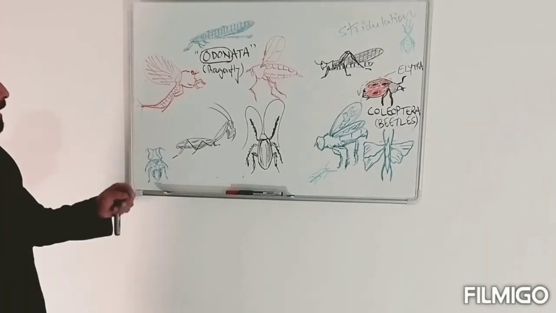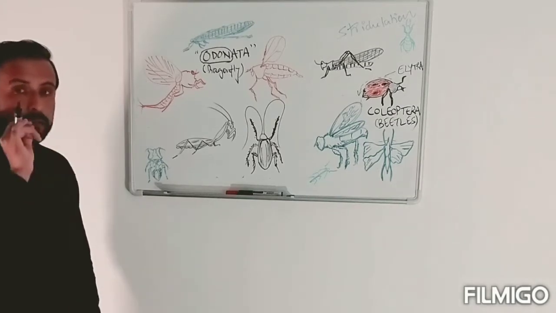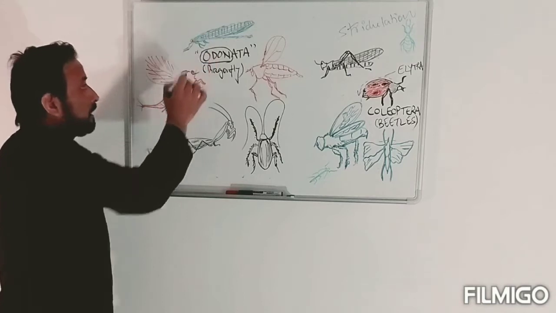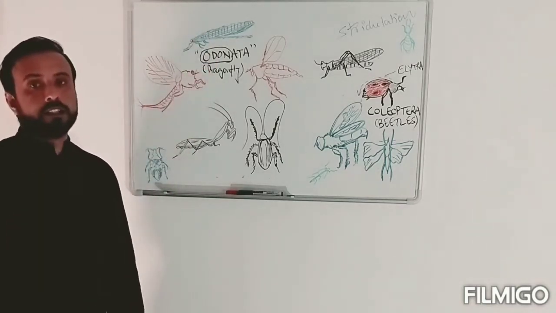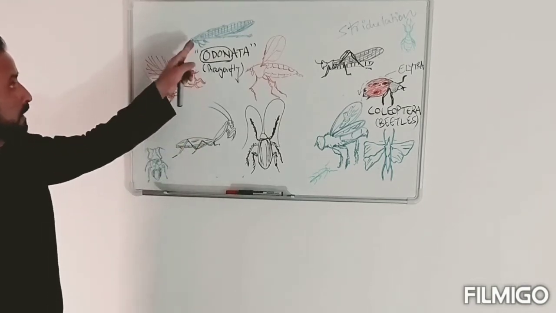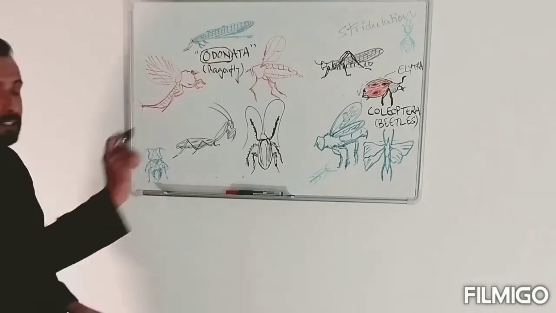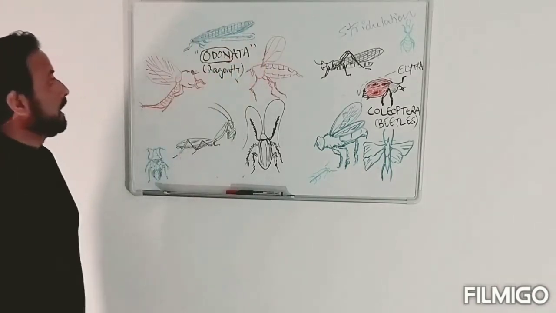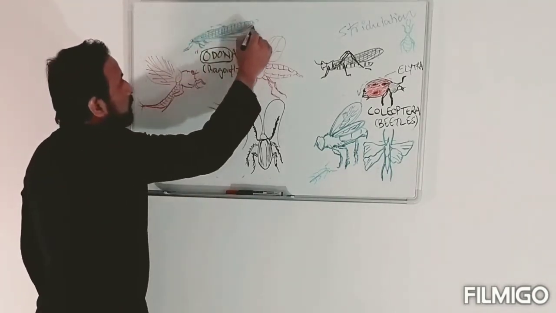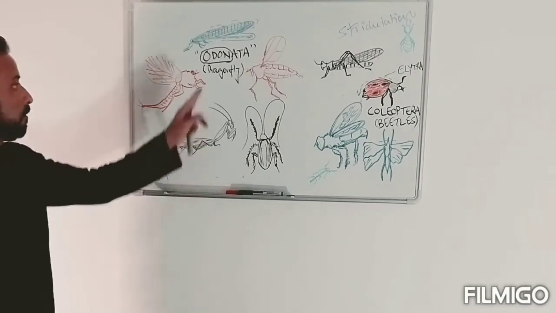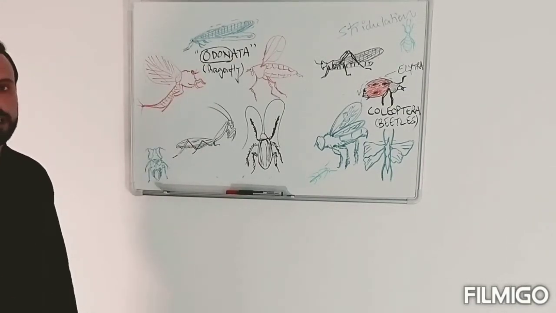Mandible is the chewing part of the mouth, right? So the mandible here has teeth in the Odonata order. Because of the presence of teeth, and they have a very slender and thin body and parchment-like wings, these are characteristic features of the Odonata order, right?